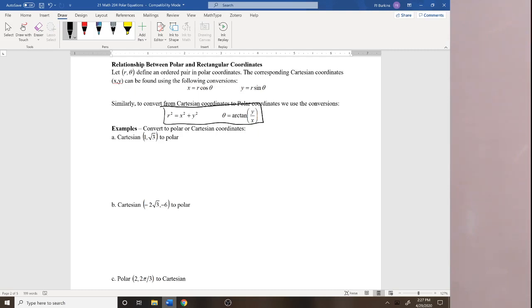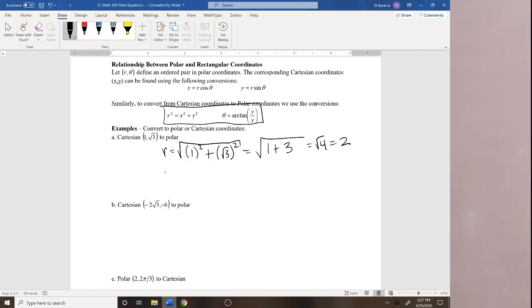So if I'm given an x and a y, I can find an r and a theta. So r here is the square root of x squared plus y squared. That's the square root of 1 plus 3, or the square root of 4, which is 2.